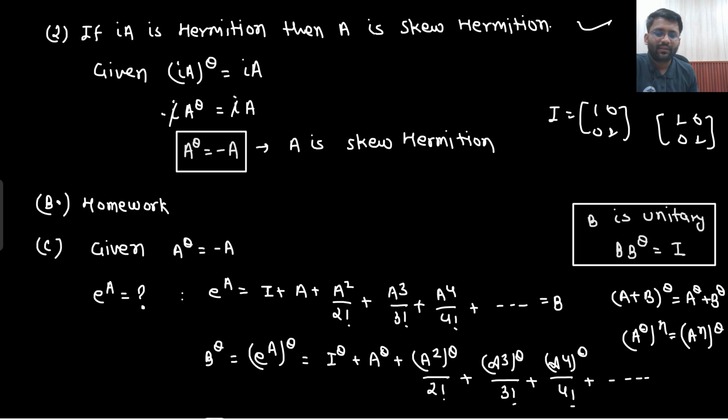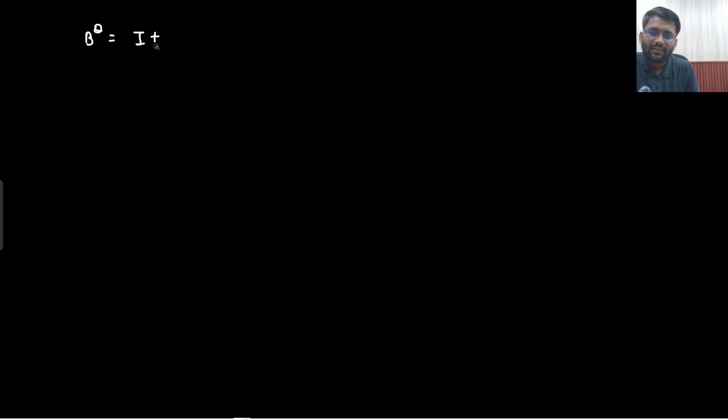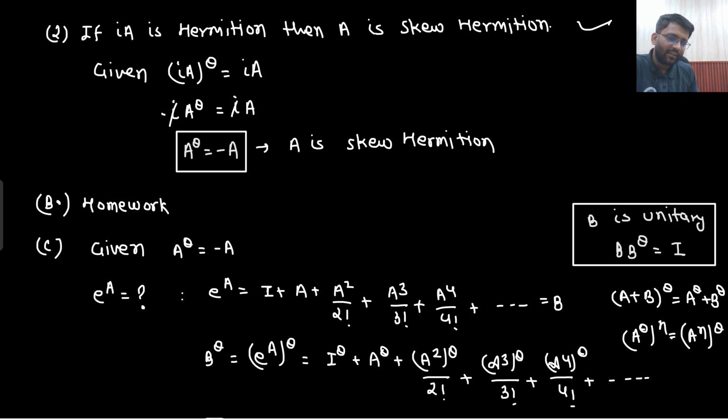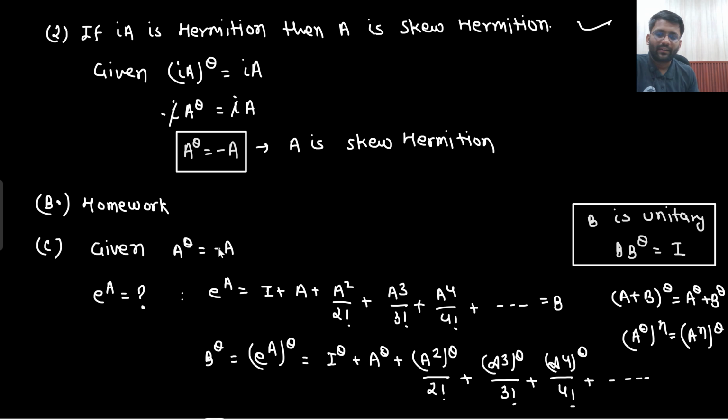And what will be A theta? What is given? A theta is nothing but minus A, right? So A theta is nothing but minus A. Plus, this will become (A theta) square divided by 2. And what is A theta? Minus A. So here what you will write down?